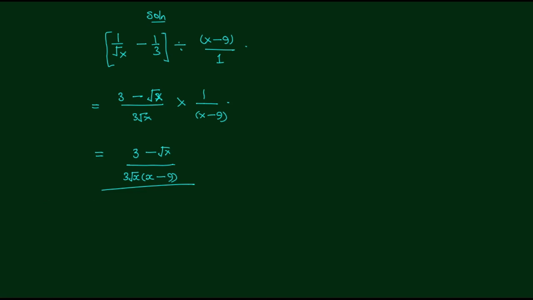So here, let's move on and write our limit as x tends to 9 of 3 minus root x divided by 3 root x times x minus 9.